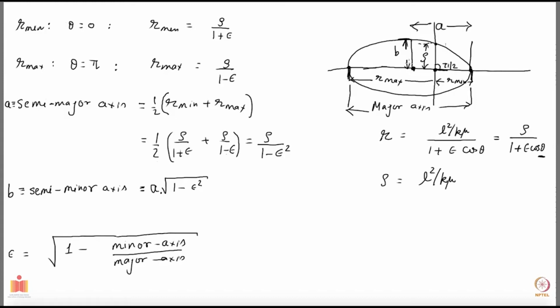Now before I leave, for easy reference, I will write here that A is rho over 1 minus epsilon square, and B is A times the square root of 1 minus epsilon square. Okay, let's leave it like this.